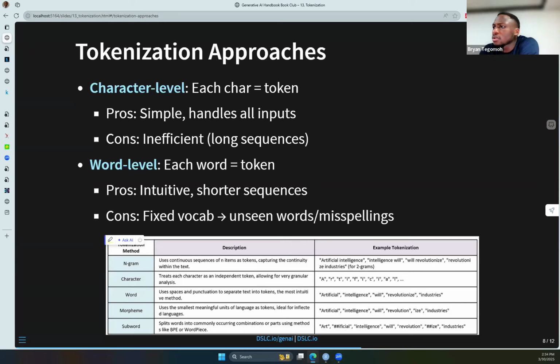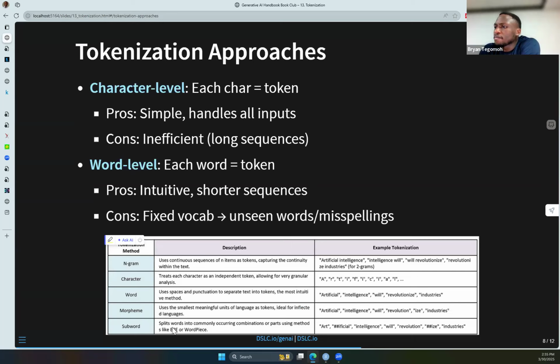I already talked about word tokenization, where it breaks the text down into words, which is a lot easier to process. Then there's morpheme, which uses the smallest meaningful units of language as tokens, and this is ideal for inflected languages. Again, these are some examples of tokenizations from this method.